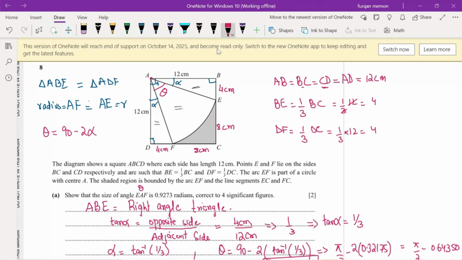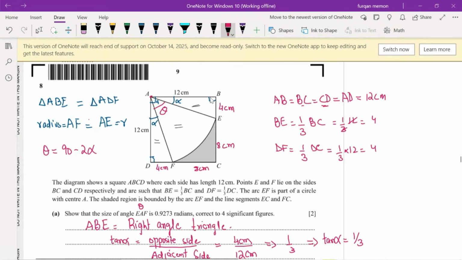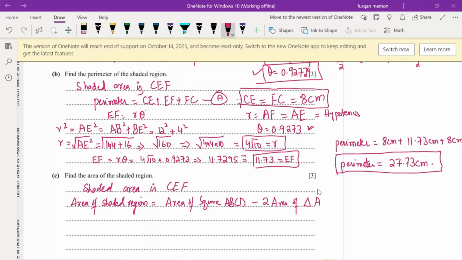So we can say that area of shaded region is equal to area of square ABCD minus area of the triangles. There are two right angle triangles and they are the same. So we will say 2 times the area of triangle ABE.